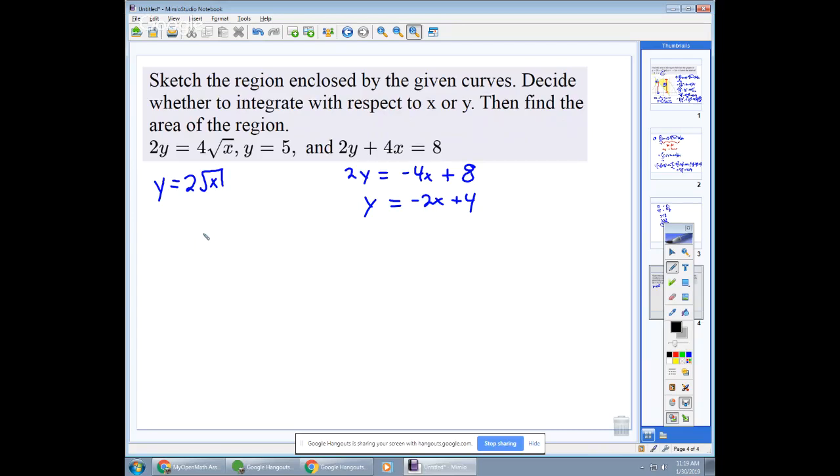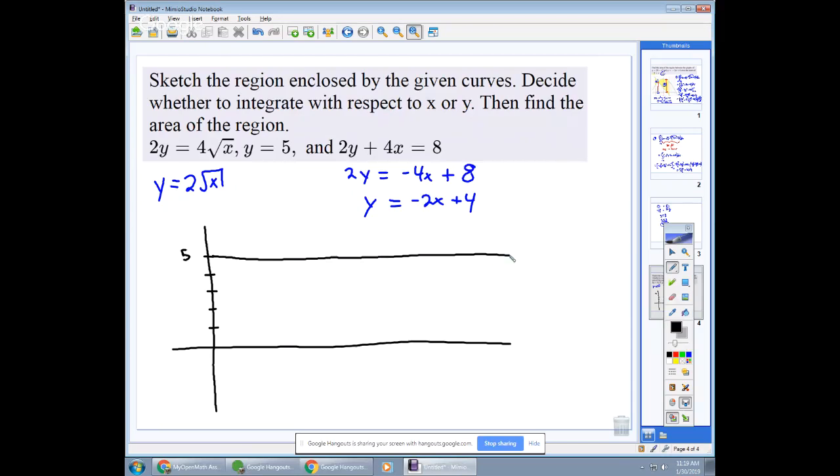I'm guessing it's almost all going to live in the first quadrant, maybe. So let's see, that's the easiest one to graph. Actually, y equals 5. 2, 3, 4, 5. So there's y equals 5. My line has a y-intercept of 4.